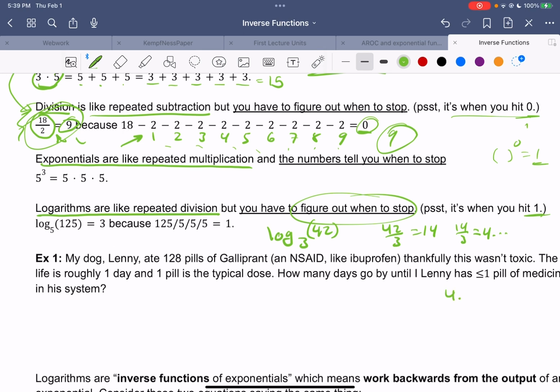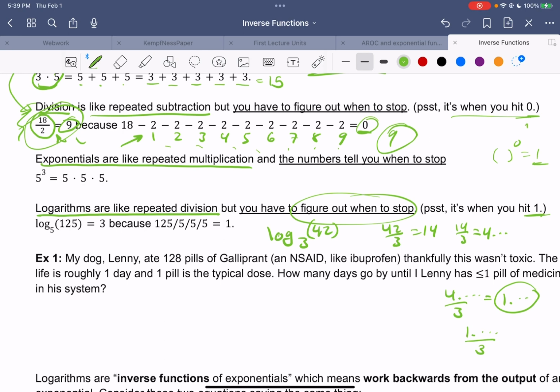And 4-point stuff, if I divide that by 3, I'm still bigger than 1, but not a lot bigger. This is 1-point stuff, okay?